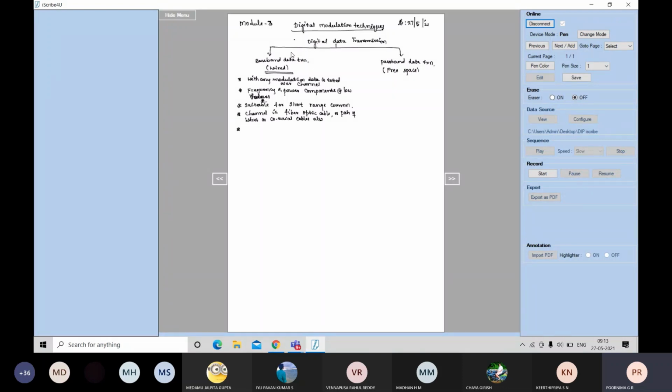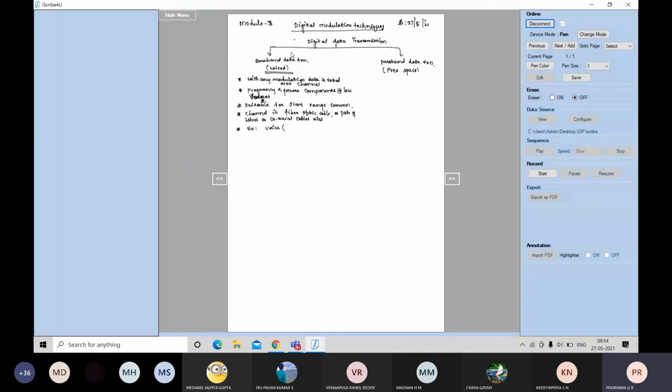And what type of data with the baseband? Can you tell me if anyone has an idea what type of signals we can transmit over the baseband transmission technique? So examples are, low frequency components.